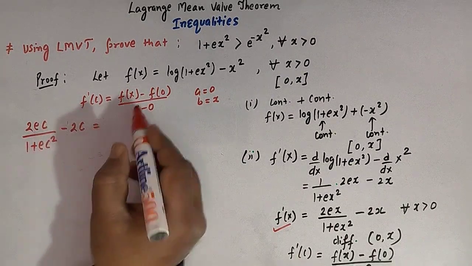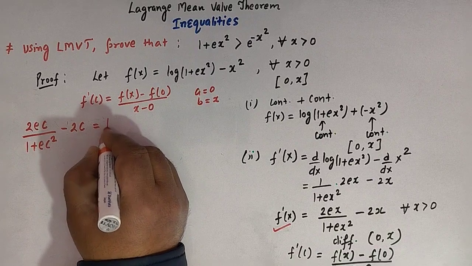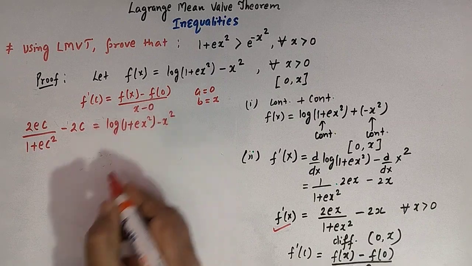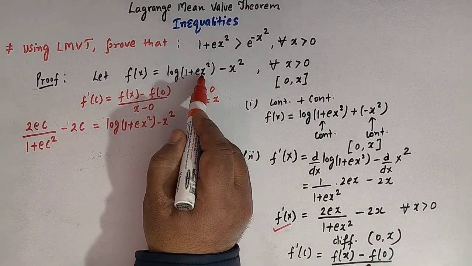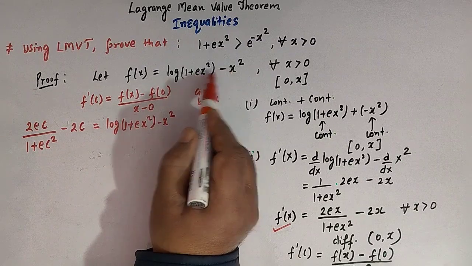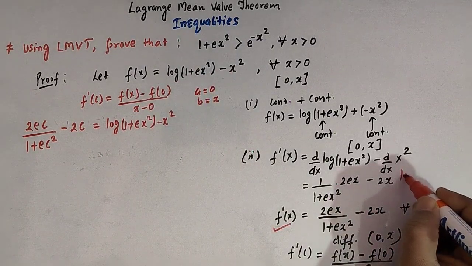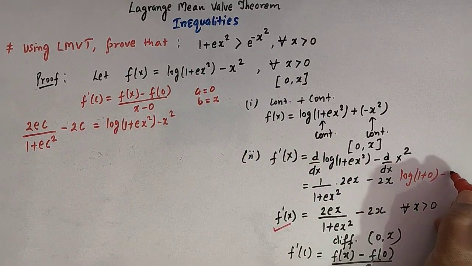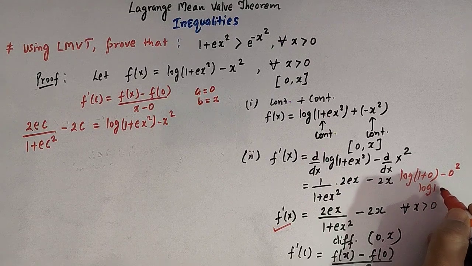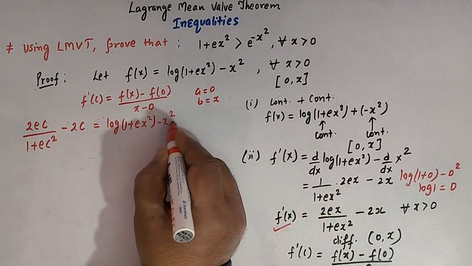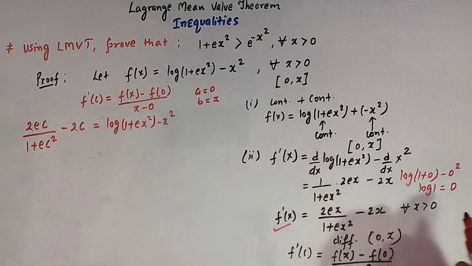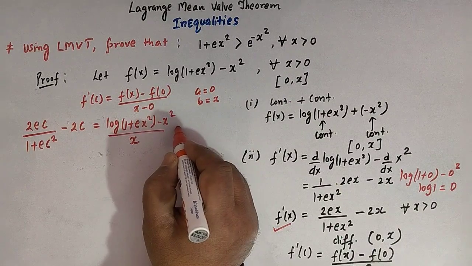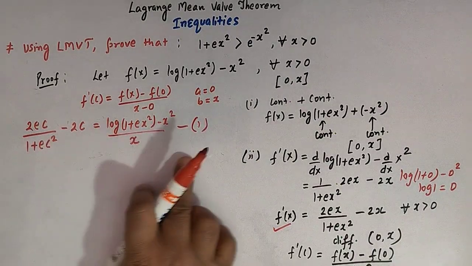And here f(x) is the log of (1 plus e^(x^2)) minus x^2, and f(0), when we take x equal to 0, is log of (1 plus 1) minus 0^2, which we can evaluate, and we can neglect the zero term. So here we have simply x divided by x. Now we have this expression.